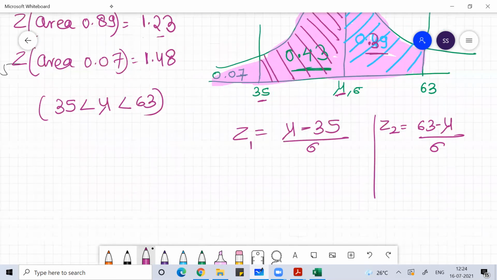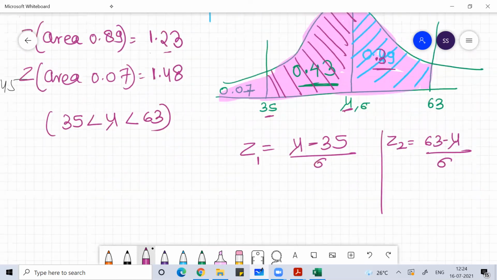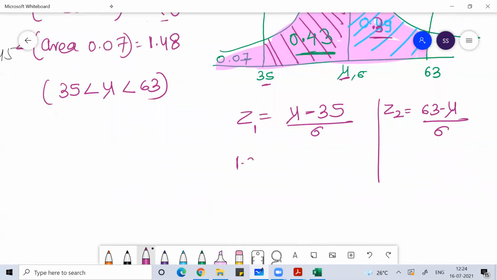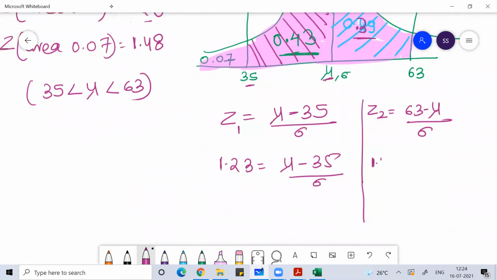Z1 is 1.23, equal to (mu minus 35) by sigma, and z2 is 1.48, equal to (63 minus mu) by sigma.